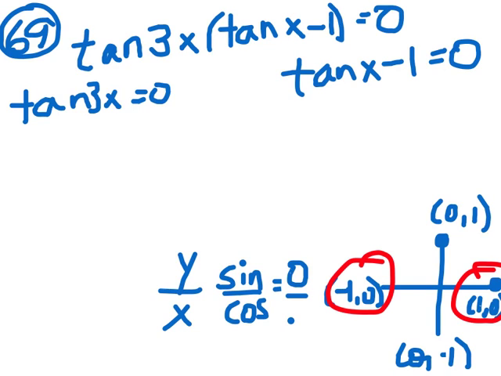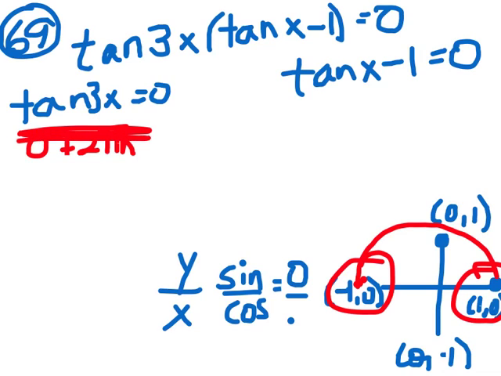So what I'm going to have is 0 is going to be one solution plus 2 pi n. And then if you think about it, if you just add pi, aren't you going to get to this one over here? I don't know why I said 2 pi n, because the period for tangent is pi, so I could be 0 plus pi n.